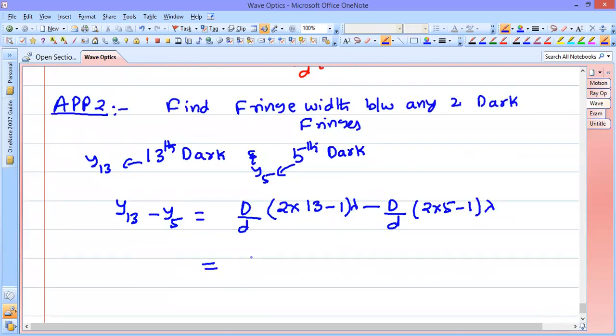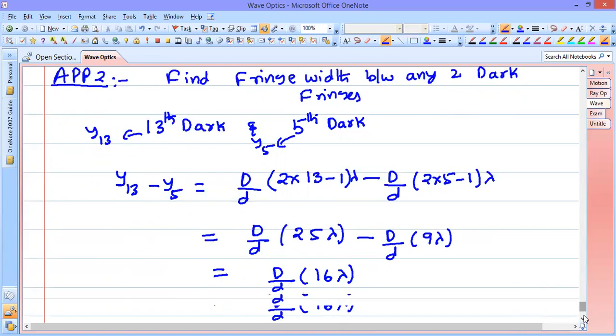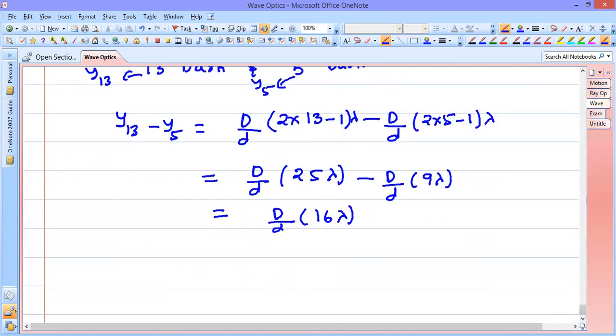That is, we'll get capital D by small d times 25 lambda minus capital D by small d times 9 lambda. That is nothing but capital D by small d times 16 lambda.